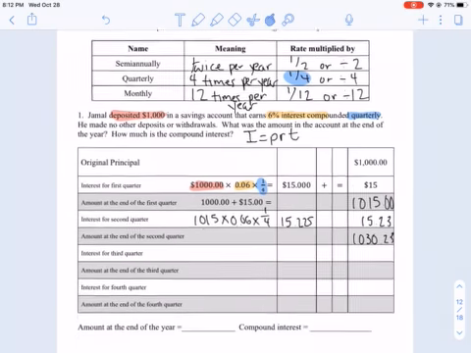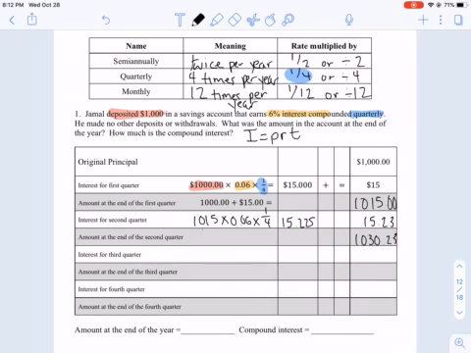And we repeat the process again. So now it's 1,030.23 times 0.06 times 1/4, because again, we're doing quarterly.